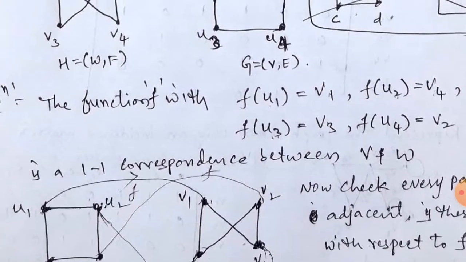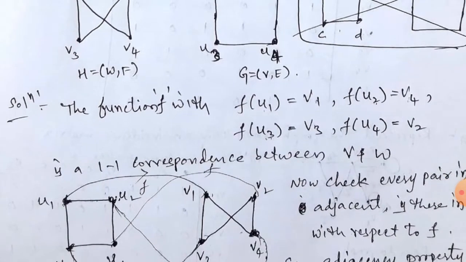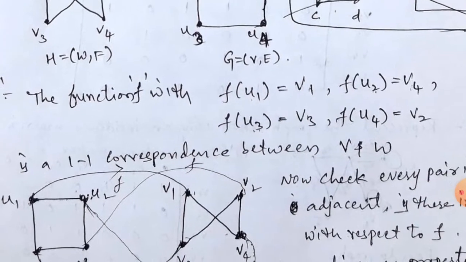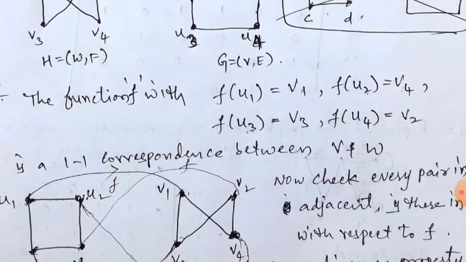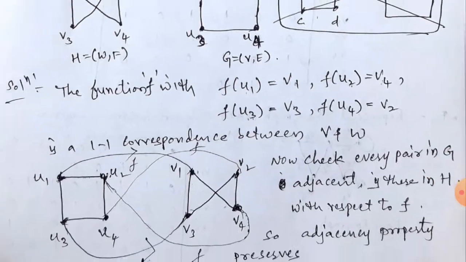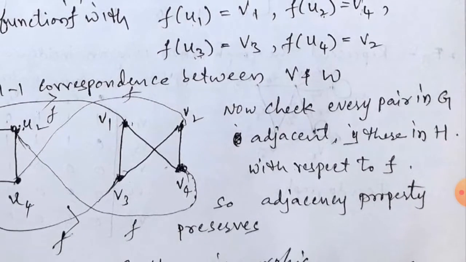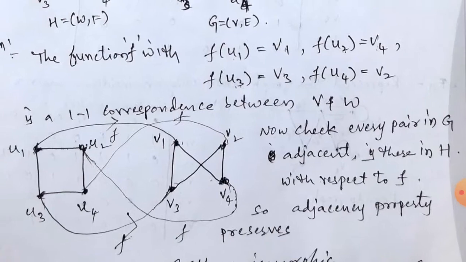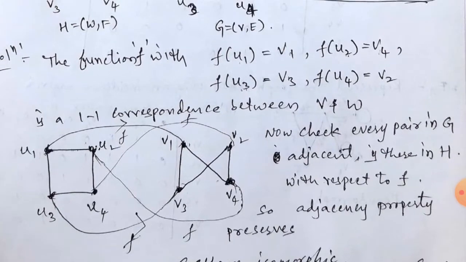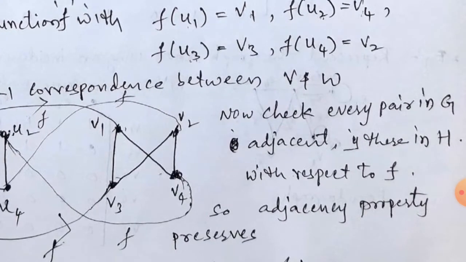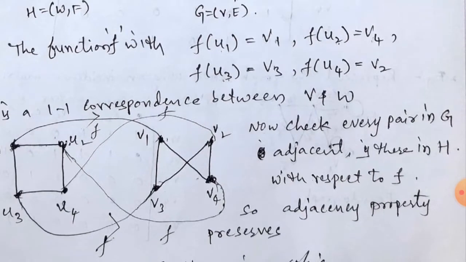Then we check whether this f preserves a one-to-one correspondence and the adjacency property. A one-to-one correspondence between V and W means it should be one-to-one and onto. Now observe how to check this. Check every pair in G: adjacency there should also be adjacency in H with respect to f.